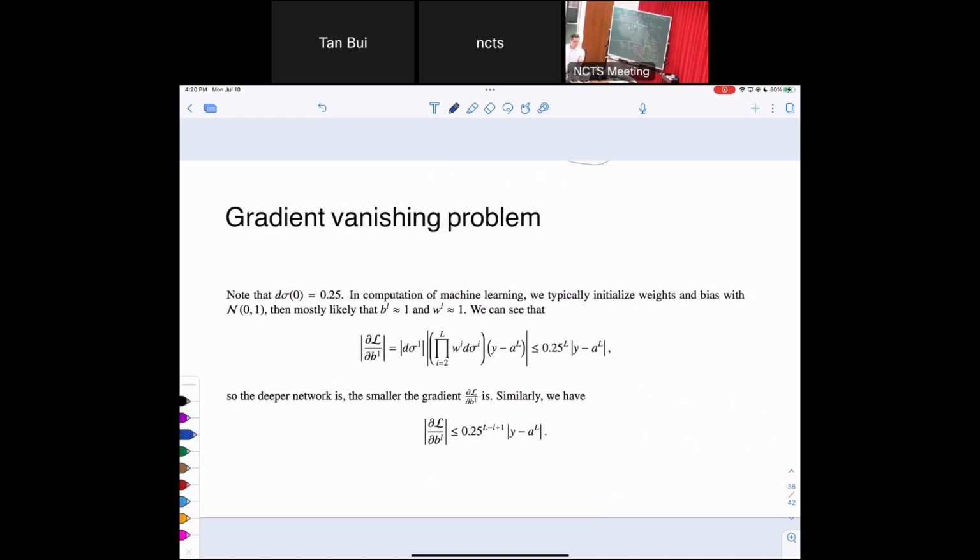The derivative of the sigmoid function, by the way, let us plot the sigmoid function so that you can see better. So this is x, this is sigmoid.